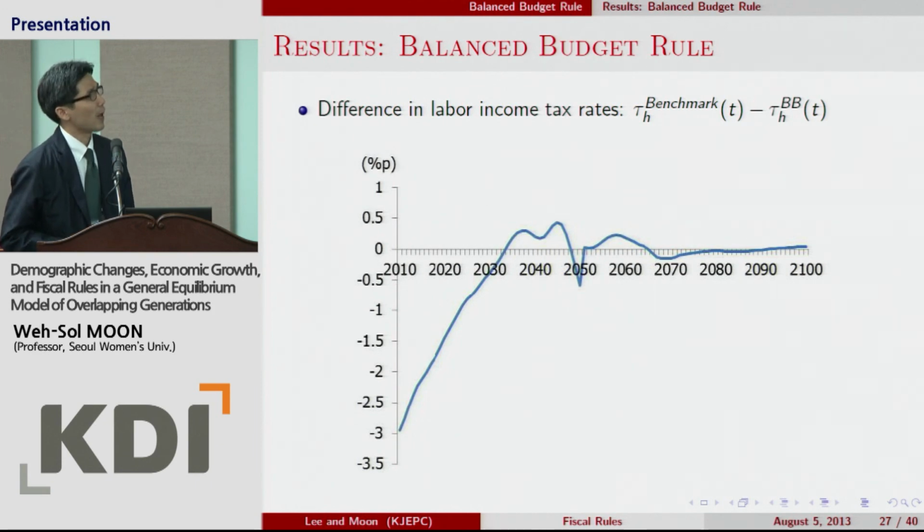But after 2030, the tax rate is lower under the balanced budget rule than under the benchmark rule because the size of debt is shrinking. So there are feedbacks between output and distortionary income tax.